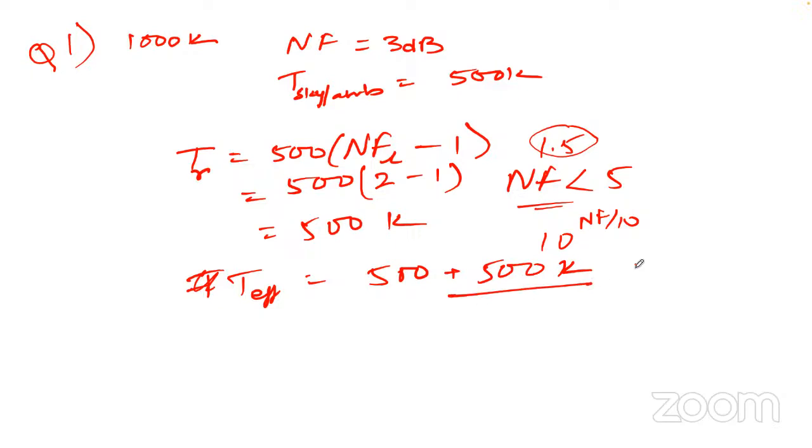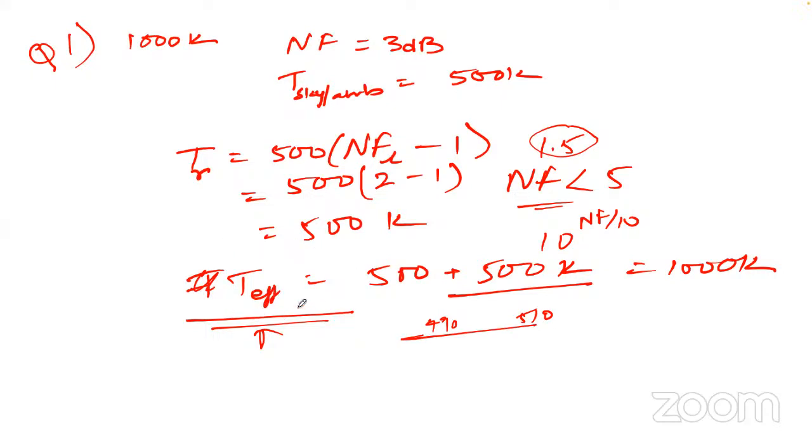So 1000 Kelvin is your effective noise temperature. If you use 3 dB directly instead of linear, you get T effective directly around 1000 Kelvin. The range given between 490 and 500 was, I think, a mistake. We have already corrected it.